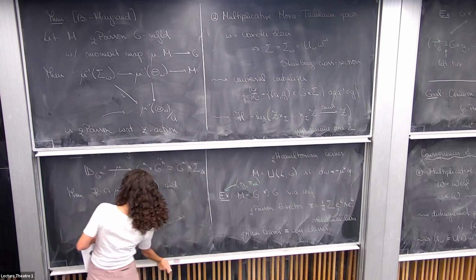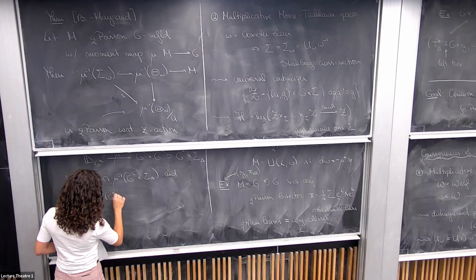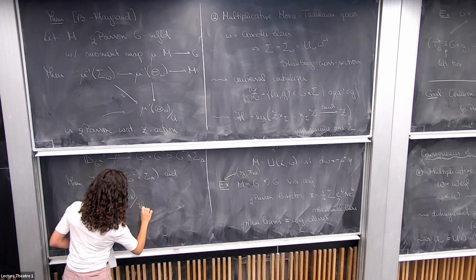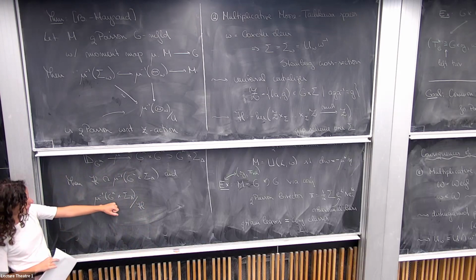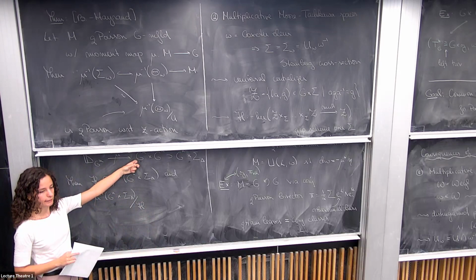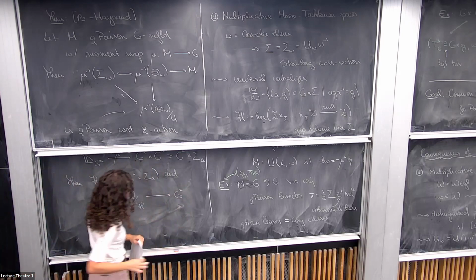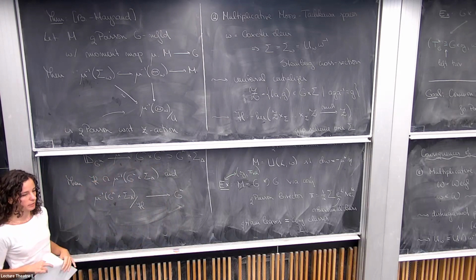And when I take the quotient by this action, just as before, the space has a residual G to the n action coming from the original left action, and a natural map to G to the n coming from the first component of this map mu.